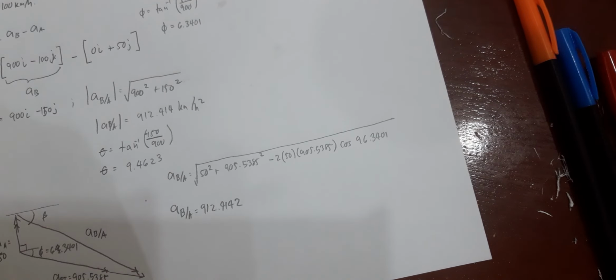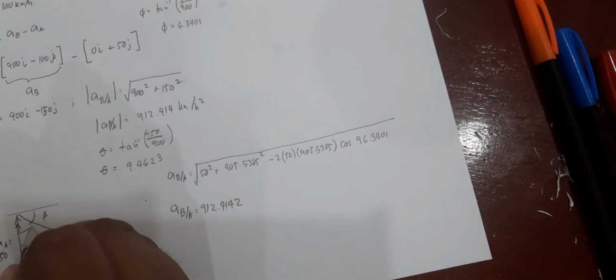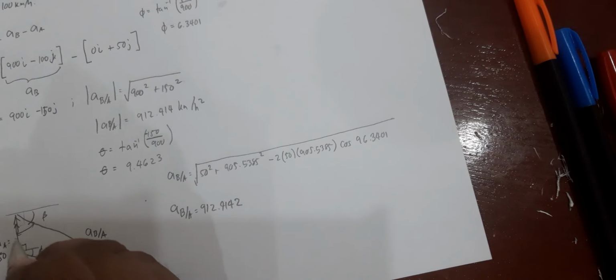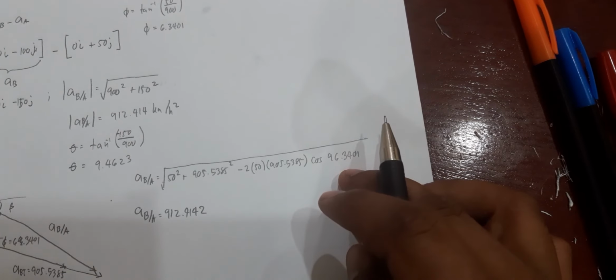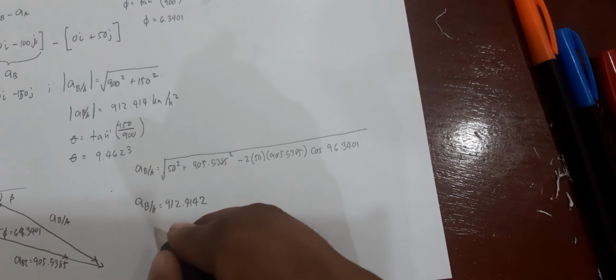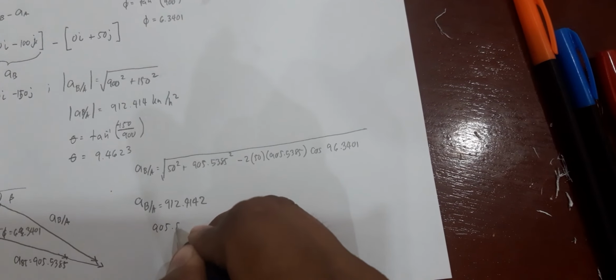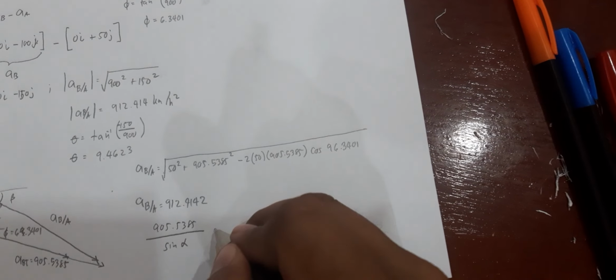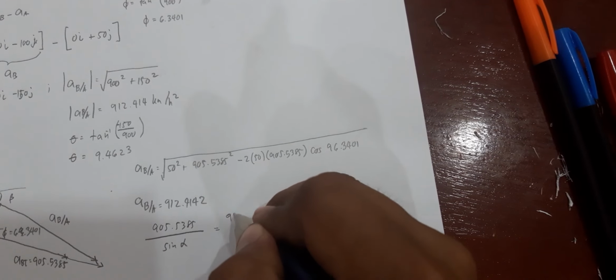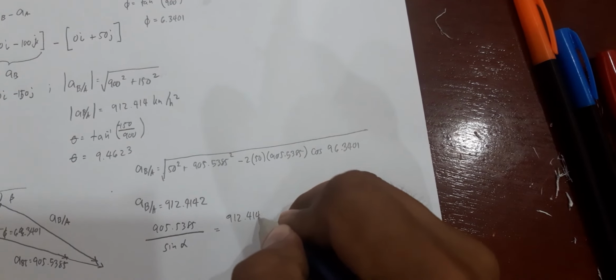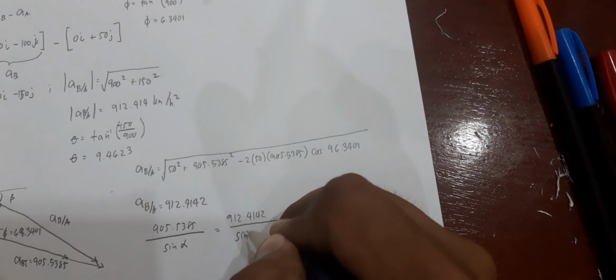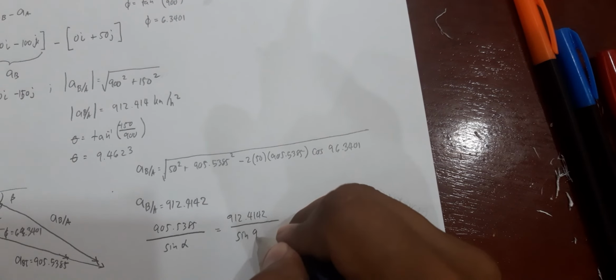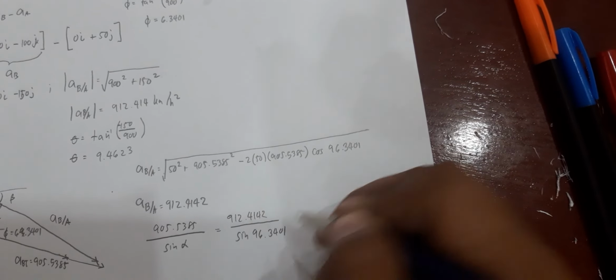How do you get beta? If you know this angle, beta would be 90 minus this angle. Let's denote this angle as alpha. Again, for sine law, you would have 905.5385 over the sine of alpha, equivalent to 912.4142 over the sine of the opposite angle, that would be 96.3401.